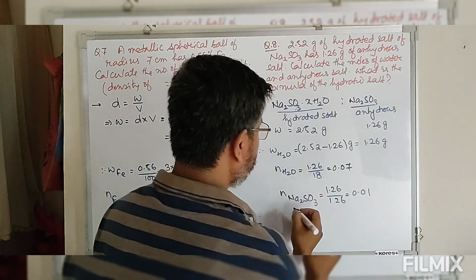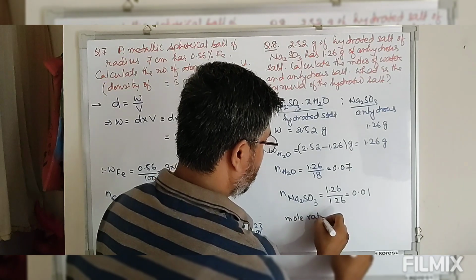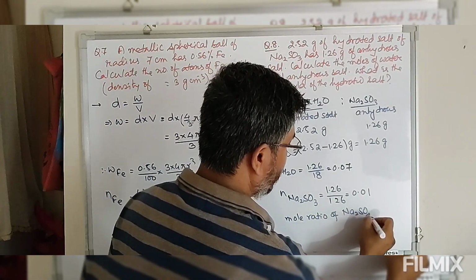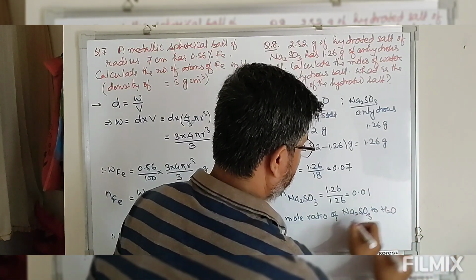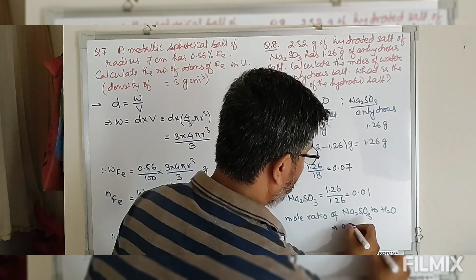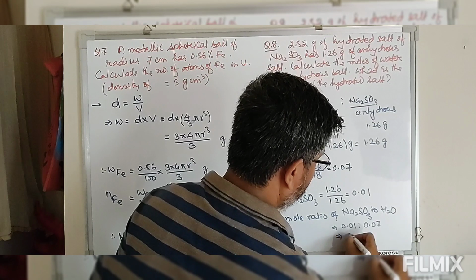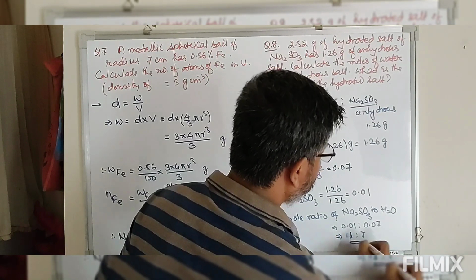So therefore the mole ratio of Na2SO3 to water comes out to be 0.01 is to 0.07. So this is a 1:7 ratio.